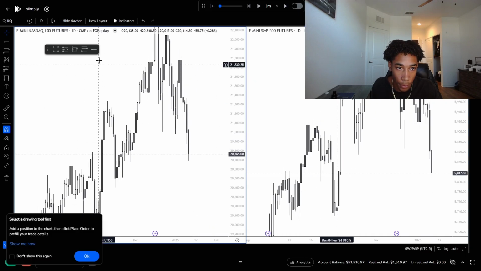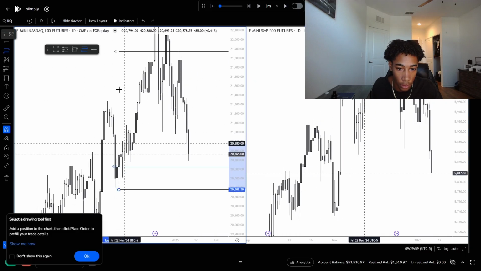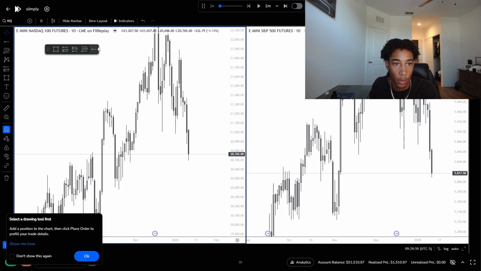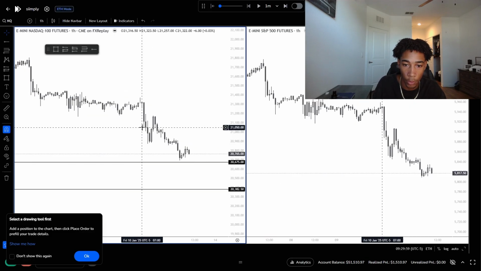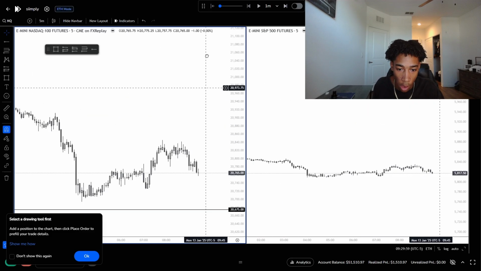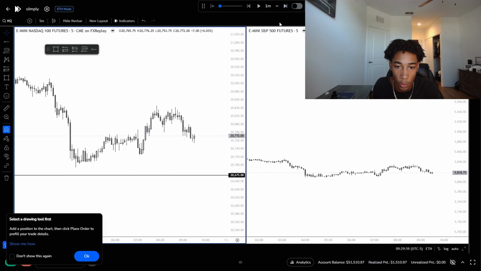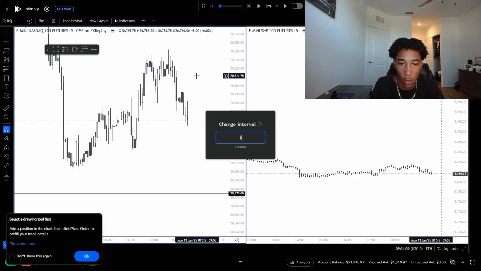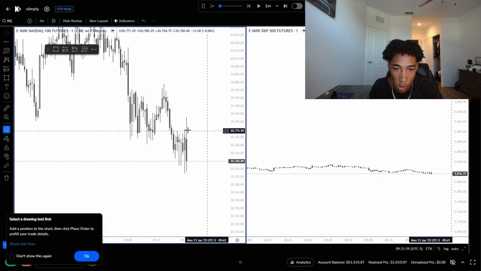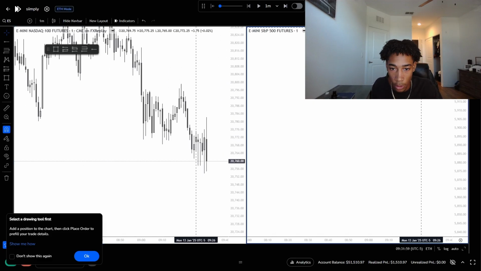Now I'm assuming we're bearish to these lows, but we'll have. Yeah, I mean we're bearish. Let's see what we do here. All right. This looks exactly like that one day.